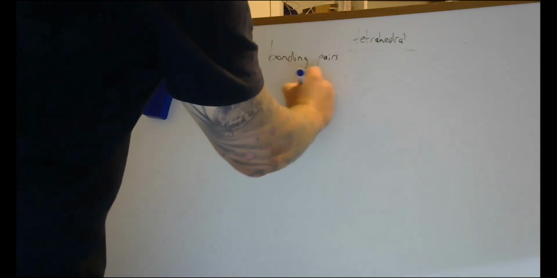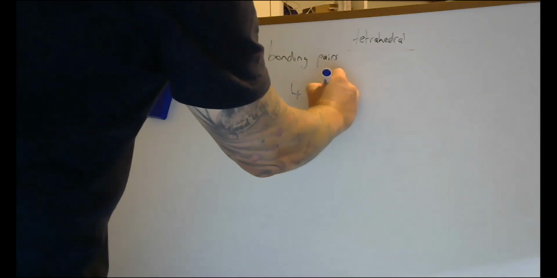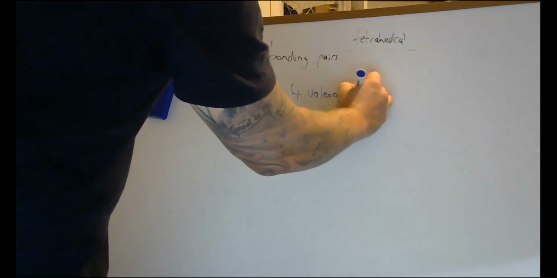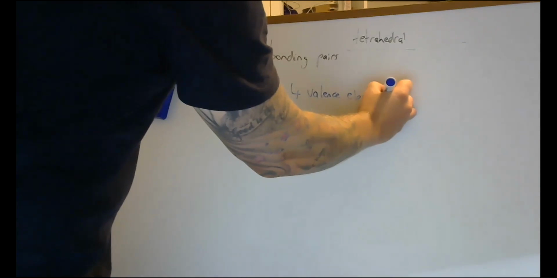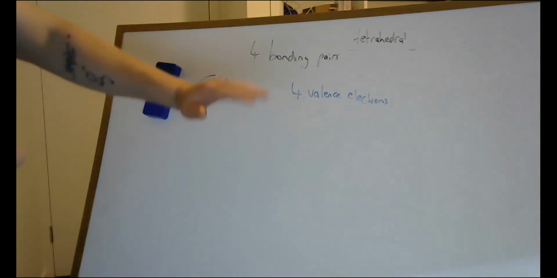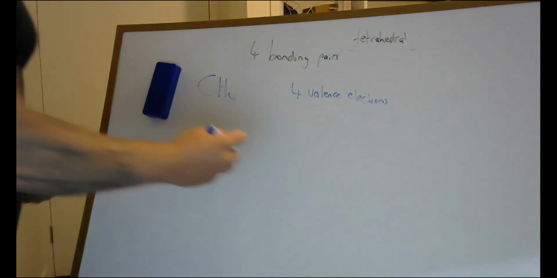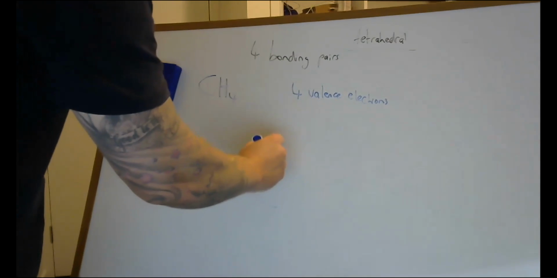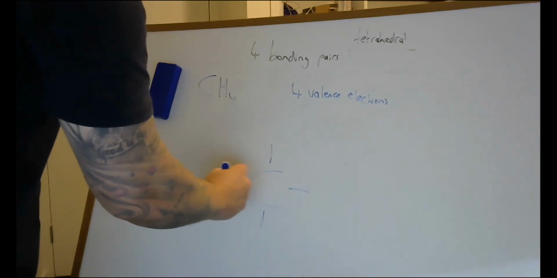It has 4 valence electrons, so it will have 4 bonding pairs. So anything that has carbon and hydrogen has carbon in the middle, and then you have 4 hydrogen atoms bound to it.